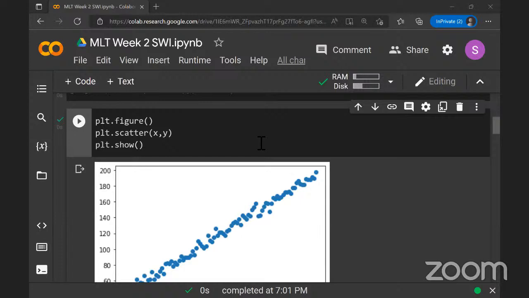Seaborn has a set of functions or APIs which will allow you to create beautiful charts. Not that you cannot do that in PyPlot or Matplotlib, but in PyPlot you have to write additional code to get the same results.